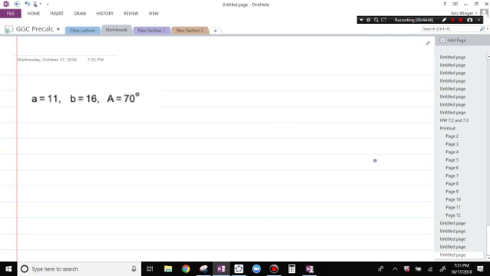So let's get some steps out. 1, you need to check the height. We now have a formula for the height. The height is B sine of A. The height is always B sine of A.